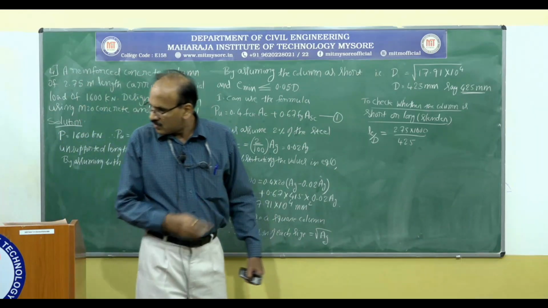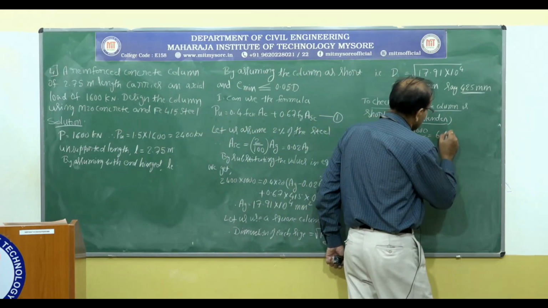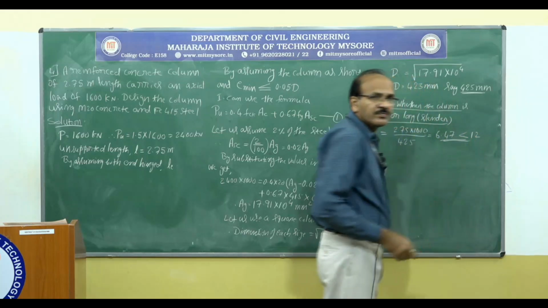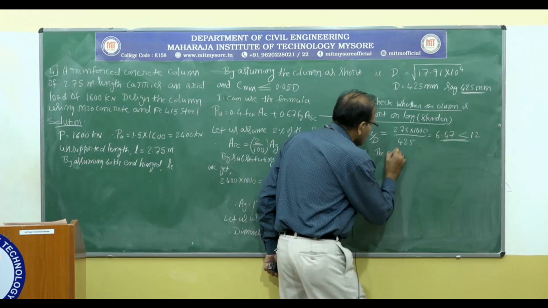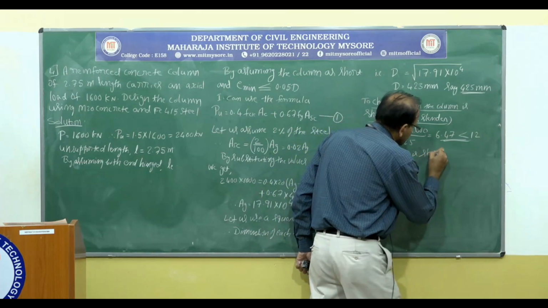So it is 6.47. That is less than 12. Therefore, the column is short.